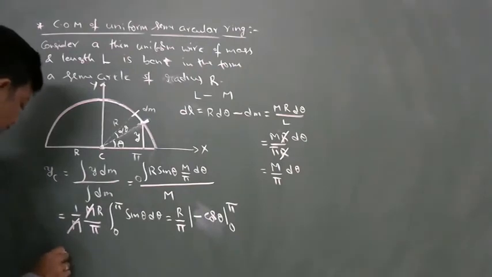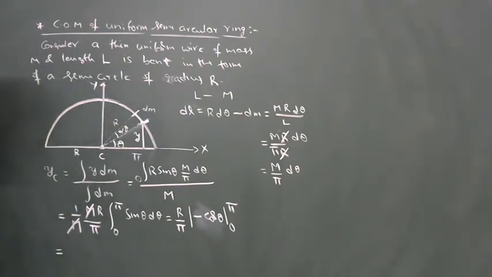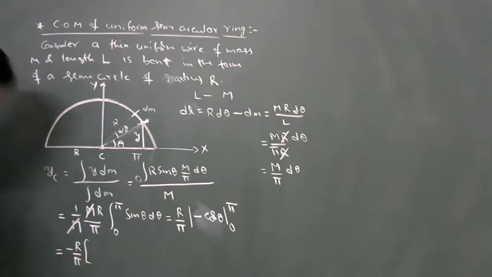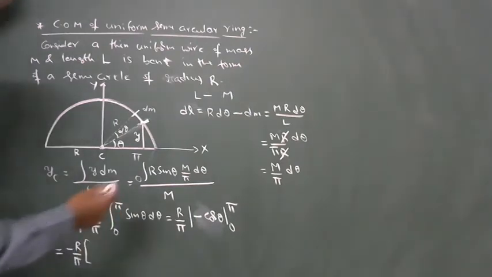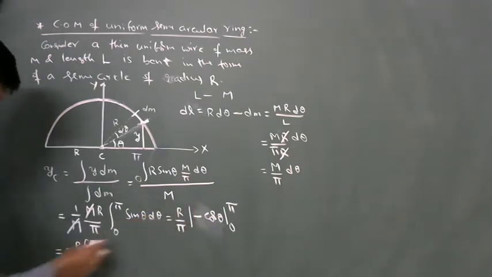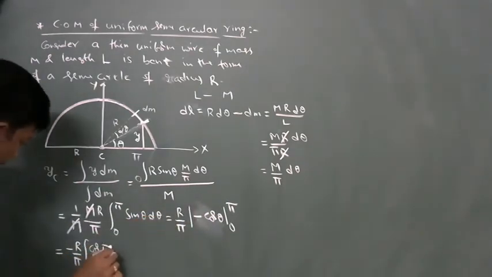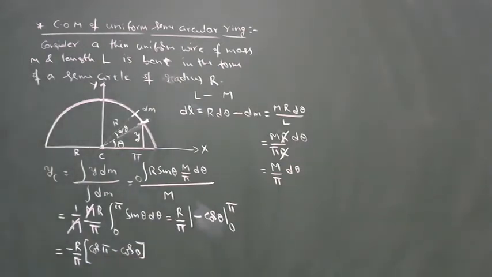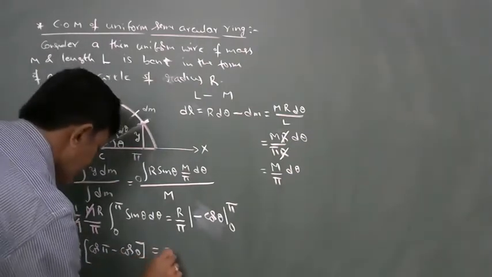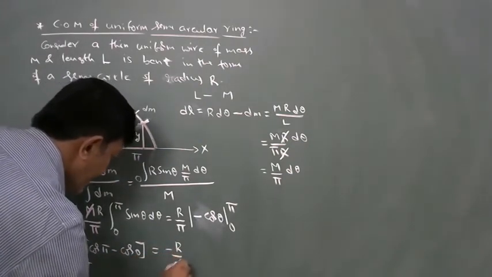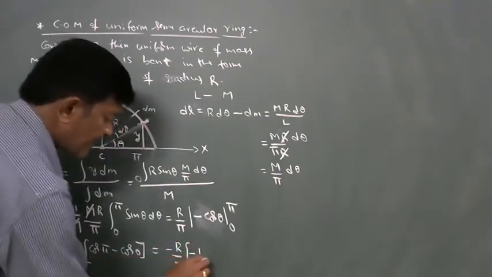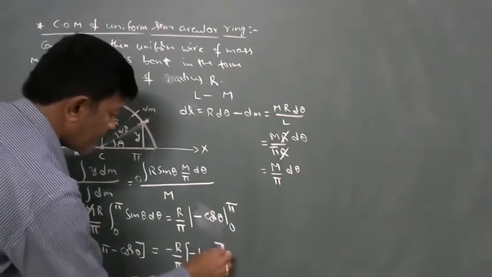This is equal to minus r by pi into cos pi minus cos 0. First substitute the upper limit in the place of theta, then the lower limit 0. This is equal to minus r by pi into cos 180 minus cos 0, that is minus 1 minus 1.